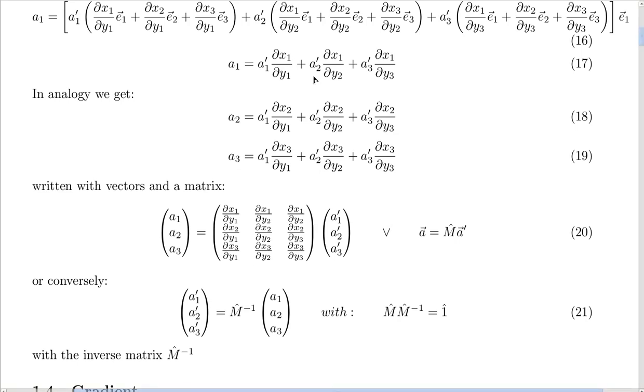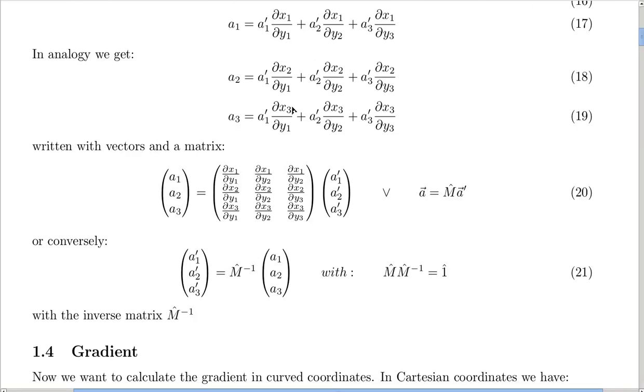The difference is that in the first line we have x1 in the numerator, then x2 in the second and x3 in the third line. We can also write this with vectors and a transformation matrix.